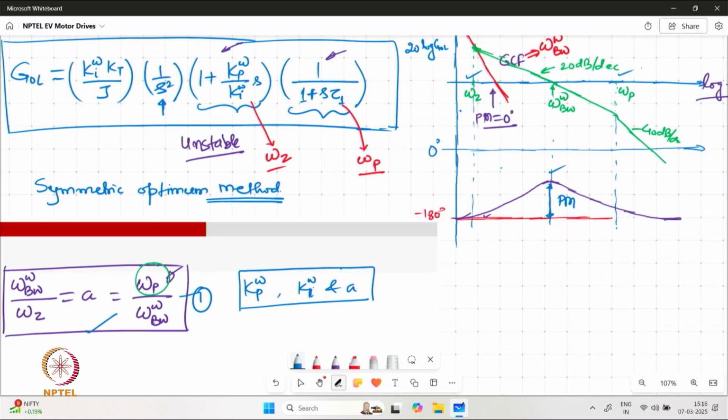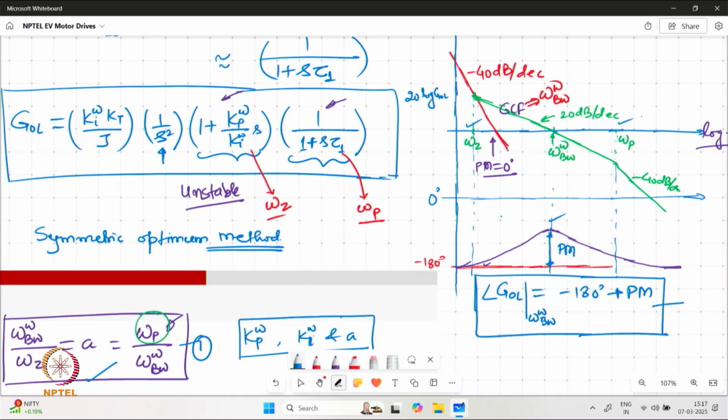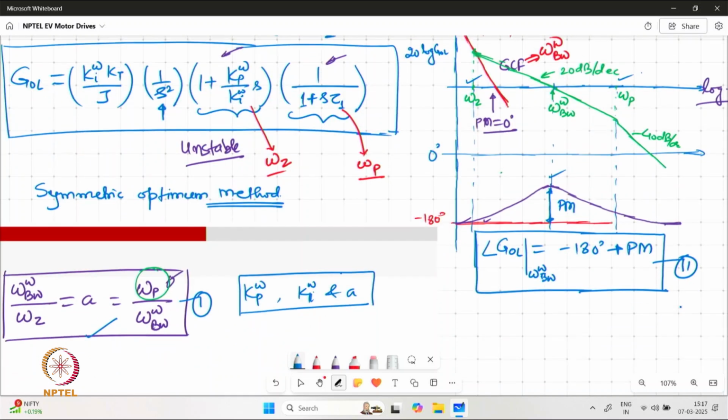So again, the equation can be derived from this scenario. Now what we are trying to impose is that we want a phase of minus 180 degree plus phase margin for the open loop system at a frequency of omega b omega, which is the gain crossover frequency. This is the second scenario.